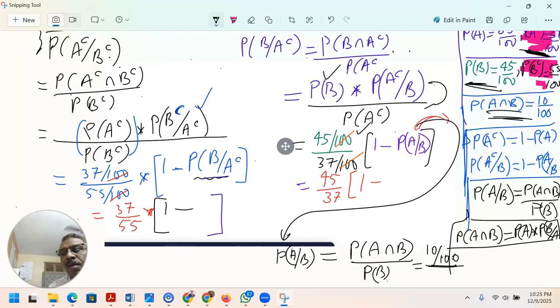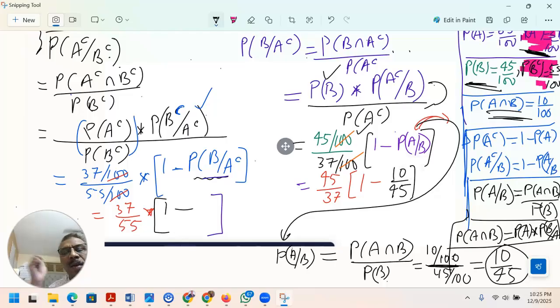And the bottom is Instagram users, 45 out of 100. You can cross out 100, 100 and you end up getting 10 out of 45. Now this 10 out of 45 is to be replaced here. So we had to do this separate work just to figure out this piece. Now let me wipe this off.